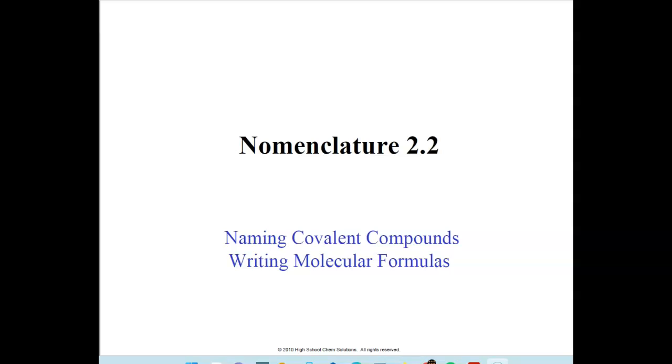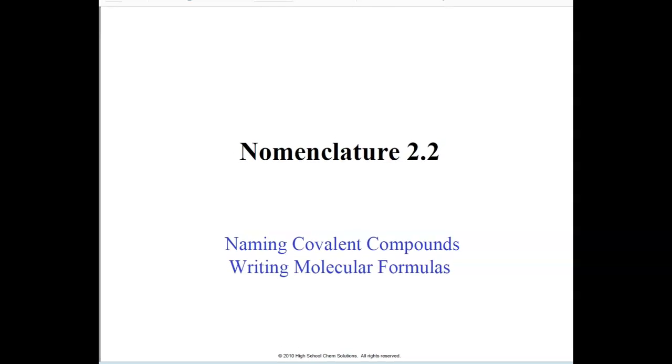Well, what about other types of chemical compounds? Not all compounds that we study are going to be ionic compounds made up of cations and anions. There's a whole other subset of chemical compounds, and they are called covalent compounds.